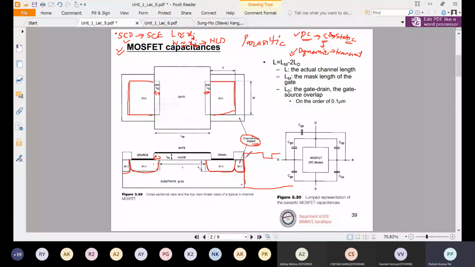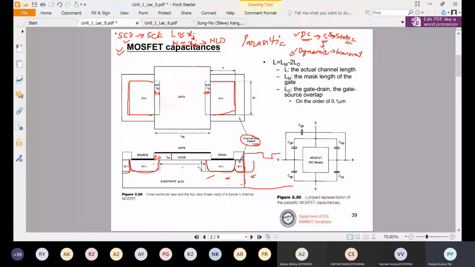To have a separation between this MOSFET and that MOSFET, we must have this channel stop implant. It isolates one MOSFET from the other while fabricating on a single substrate.